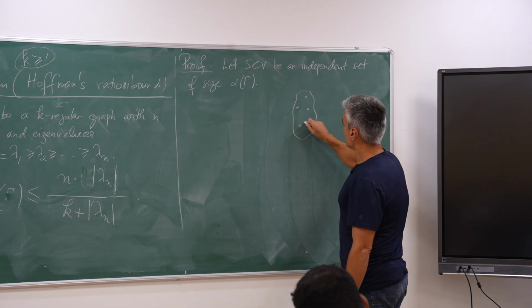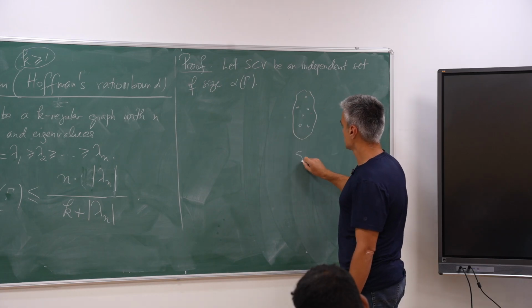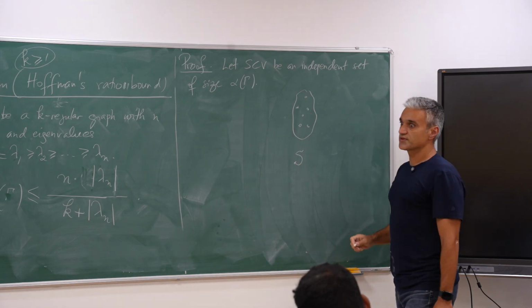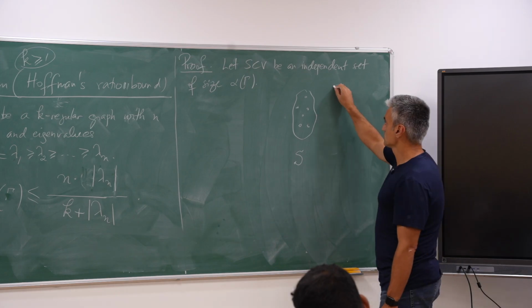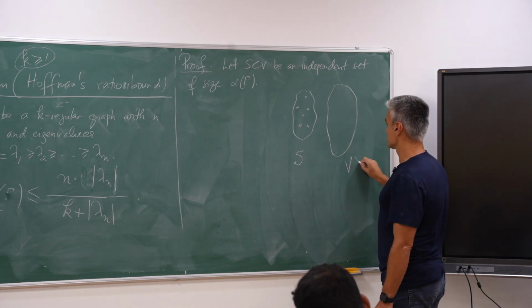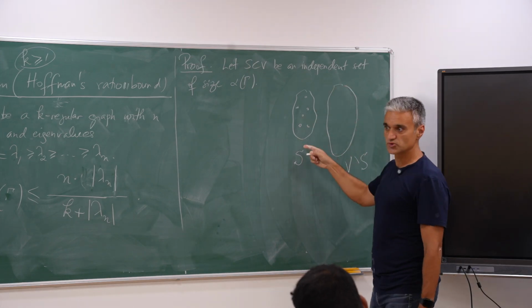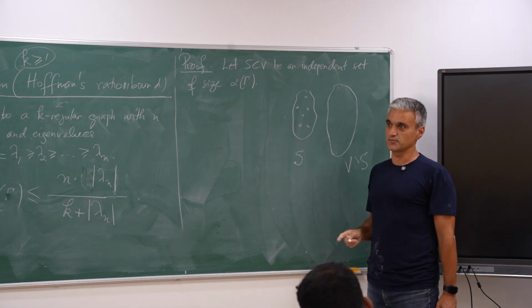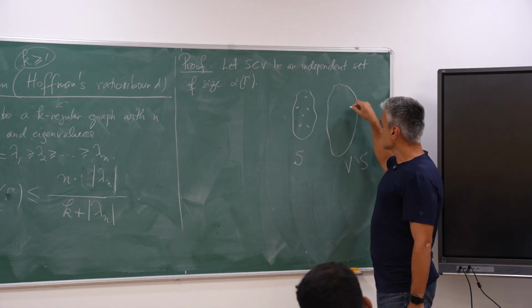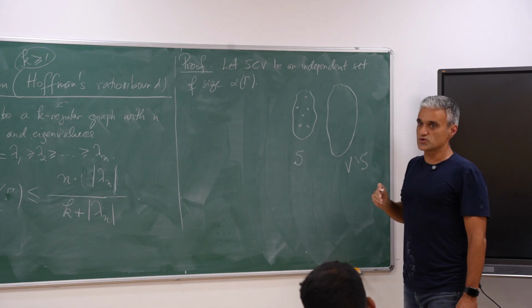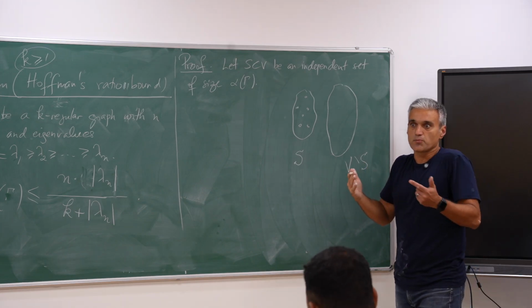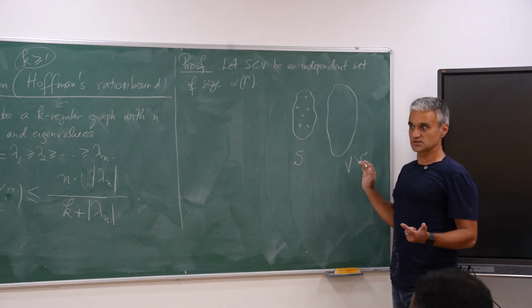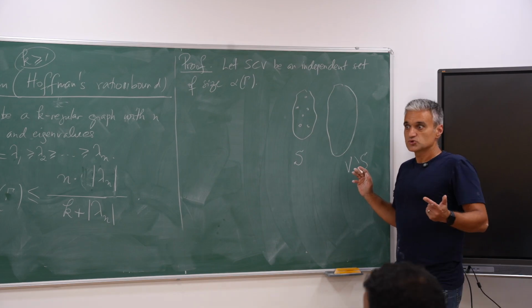You have this set S where there are no edges, and you have the rest of the world, V minus S. So these are the antisocial vertices. Nothing happens in between. And then this is the real world. So now this suggests a partition into S and V minus S.